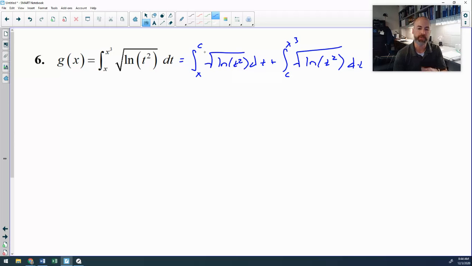You could split the integral into 2 using the addition of integrals property. And then we now have 2 problems where we have constants involved. We would need to flip this one, make it c to x, so my constant's on bottom.